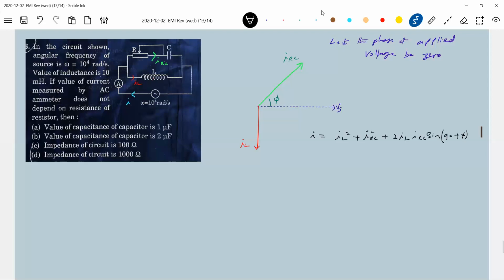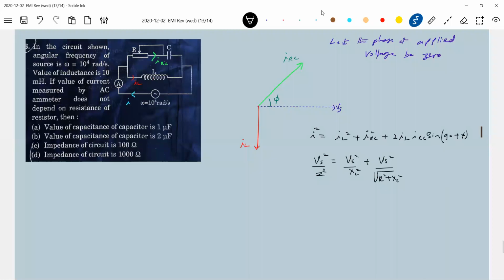Okay, we have this much here. Further, what is I? I is equal to Vs by Z, so I squared is Vs squared by Z squared. What is IL? IL squared is Vs squared by XL squared. What is IRC? Vs squared by R squared plus XC squared, plus 2 IL IRC, and sin of 90 plus phi?